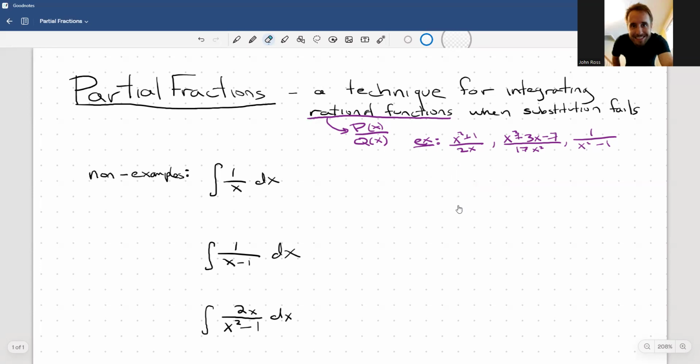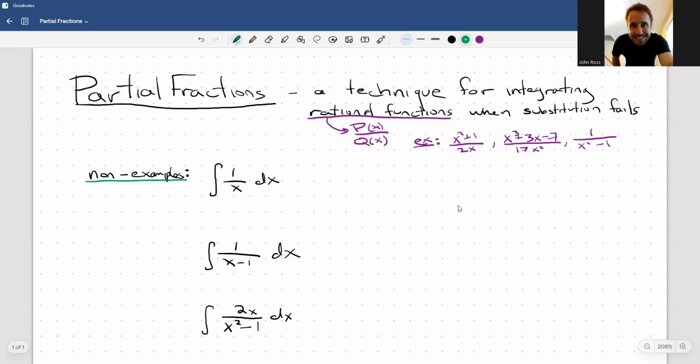Looking at a couple of examples really quickly, I should say a couple of non-examples, because in all three of these, a method other than partial fractions will work, like classic substitution. Let's quickly run through them.